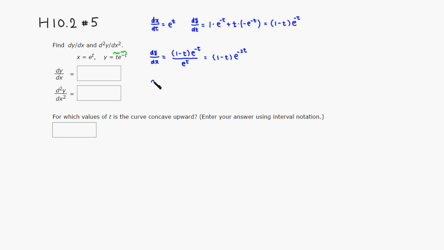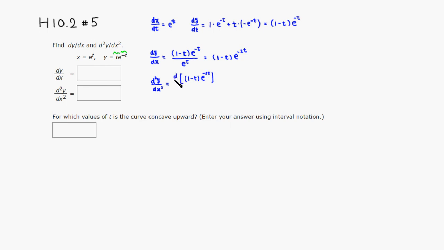The second derivative, second derivative y with respect to x, is going to be, we take the derivative of 1 minus t e to the negative 2t.